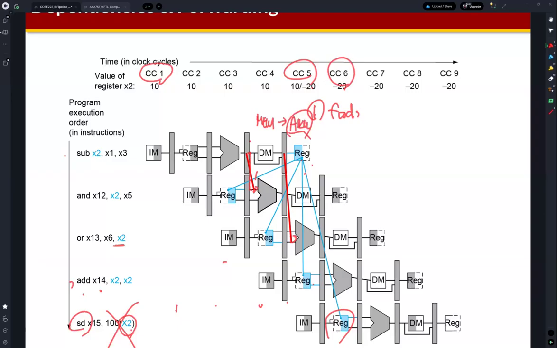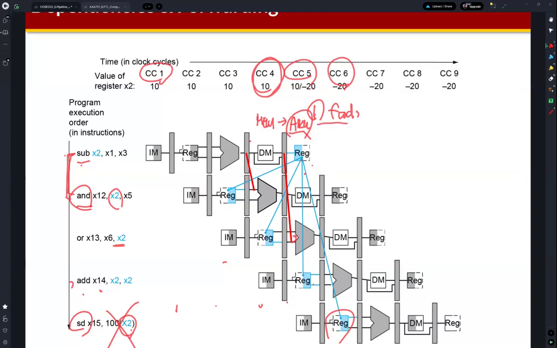So at CC4, I already explained about the data dependency between sub and end, right? When the sub instruction is in the memory stage, then end instruction can receive the data from the sub instruction using data forwarding, right?